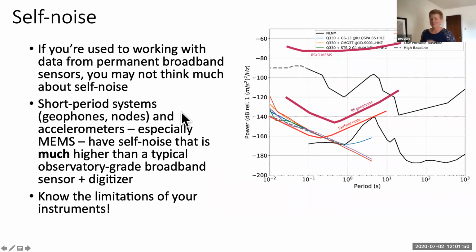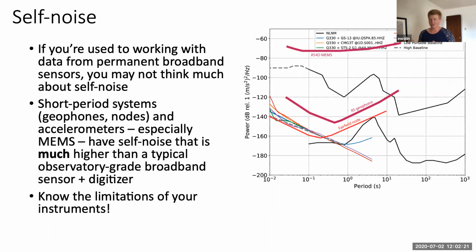Okay, last thing I want to say about self-noise is if you are mostly used to working with data from permanent broadband sensors or say the EarthScope transportable array, you may not think too much about self-noise. However, there's a lot of interest in the shorter period systems like Raspberry Shakes that have a geophone, or nodes for very dense wave field imaging.